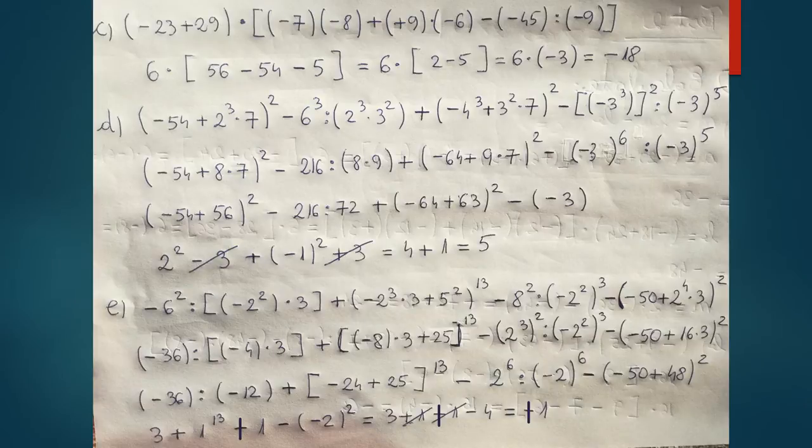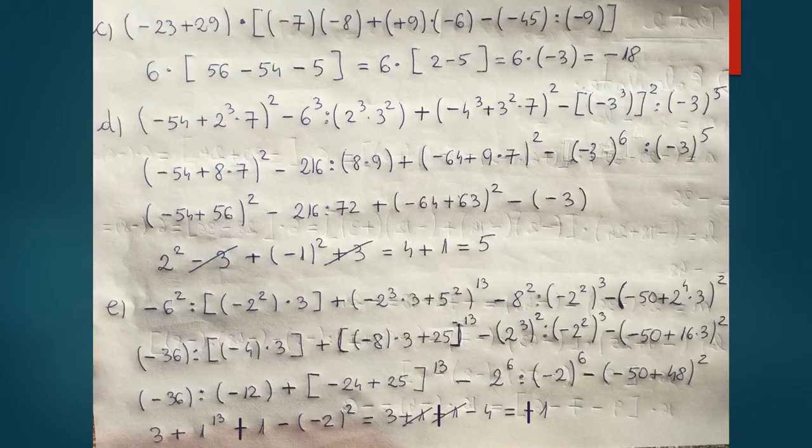So we have minus 54 plus 8 times 7 everything to the power of 2 minus 216 divided by 8 times 9 plus minus 64 plus 9 times 7 everything to the power of 2 minus 3 to the power of 6 divided by minus 3 to the power of 5, which is equal to minus 54 plus 56 to the power of 2 minus 216 divided by 72 plus minus 64 plus 63 to the power of 2 minus 3.